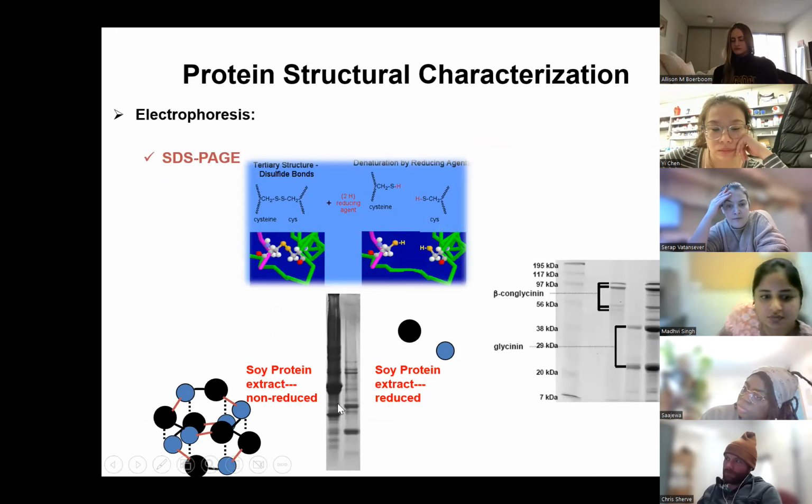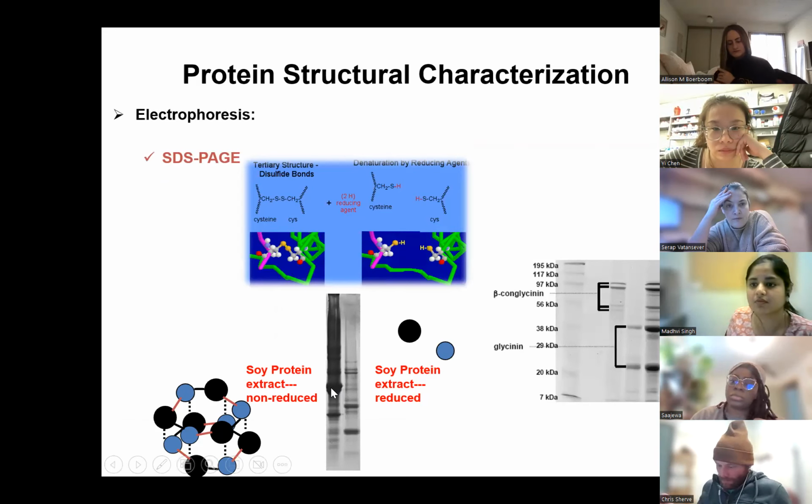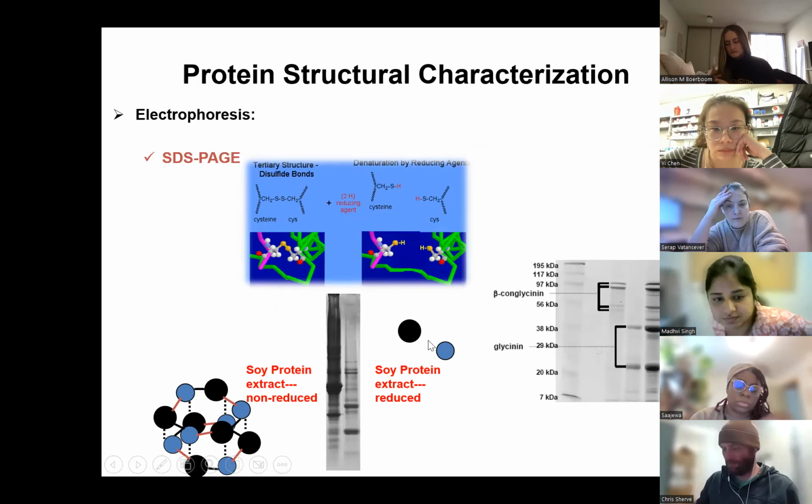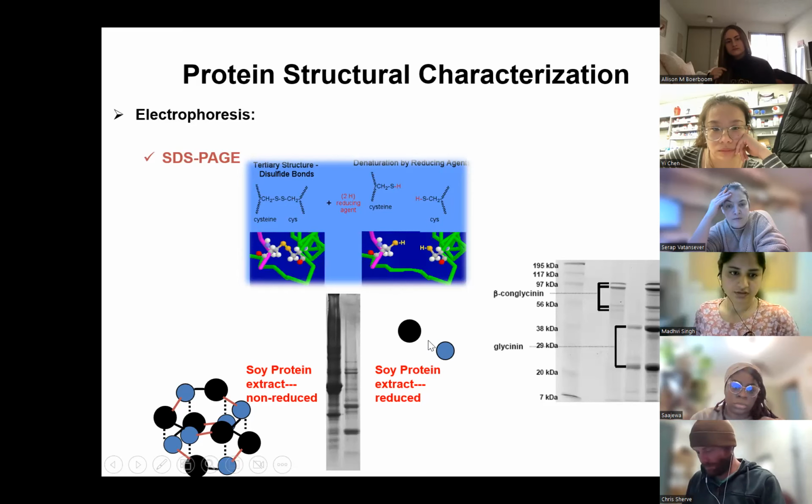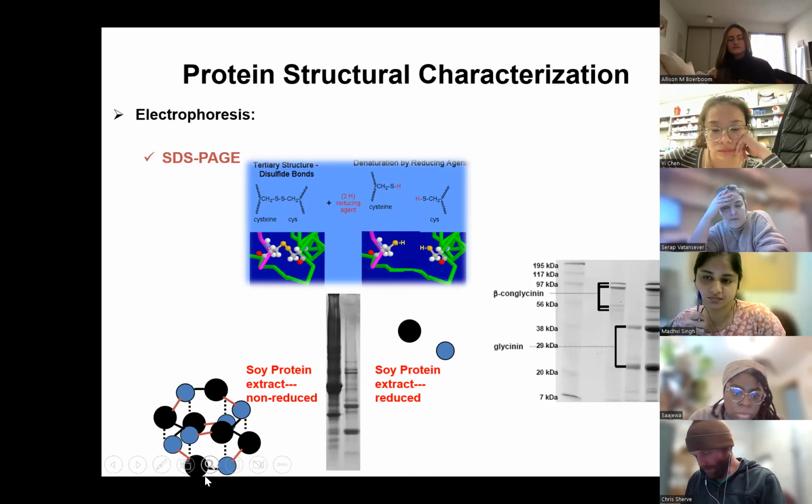And in this next example, if you run soy protein under non-reducing conditions, you will see your legumin, or the glycinin, at around 60 to 70 kD. But when you reduce it, you see your acidic and basic subunits separated, which you won't be able to see without the reducing agent.